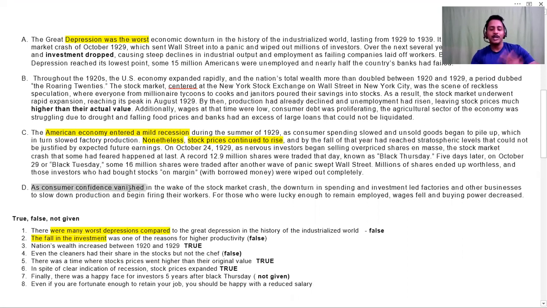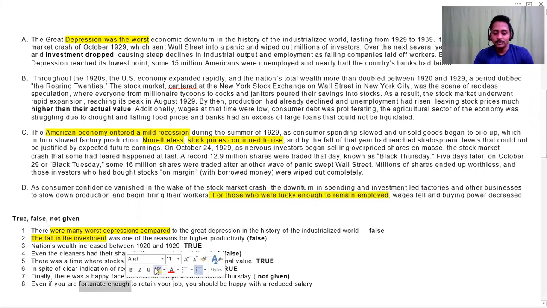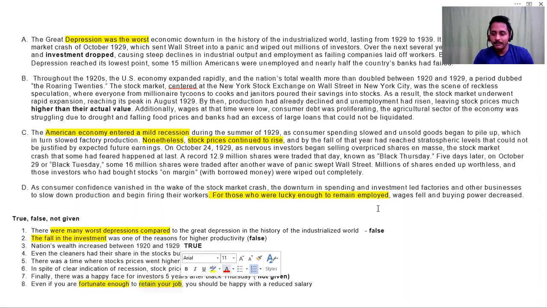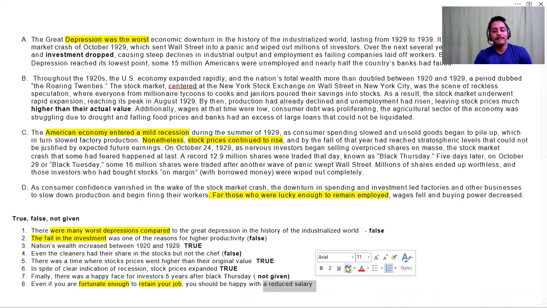As confidence vanished during the stock market crash, the downturn in spending and investment led factories and other businesses to slow down production and begin firing their workers. For those who are lucky enough, fortunate enough to remain employed, to retain the job, wages fell. Should be happy with a reduced salary.